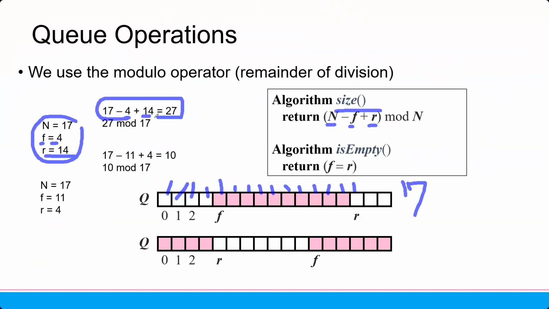The result is 27. And we need to do the modulo with n, which is 17. Then 27 mod 17 equals 10. So the size is 10. Now there are 10 elements in the queue.